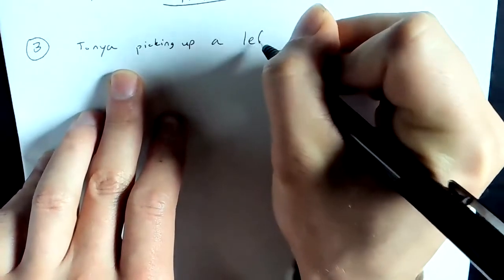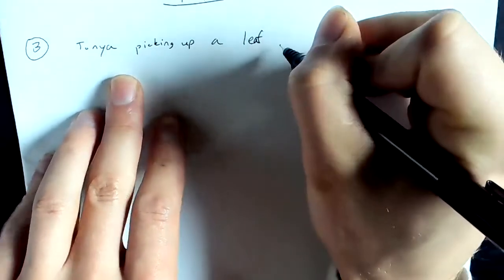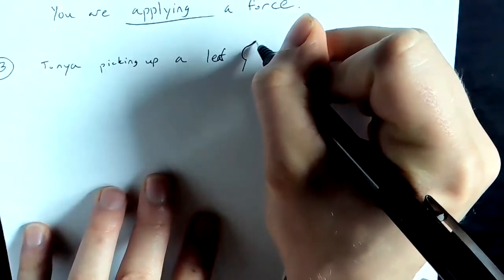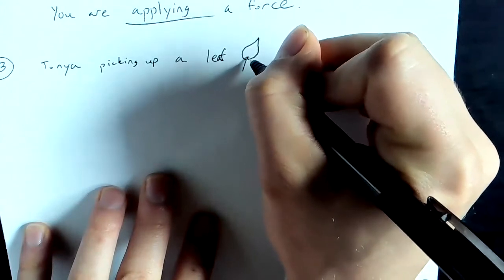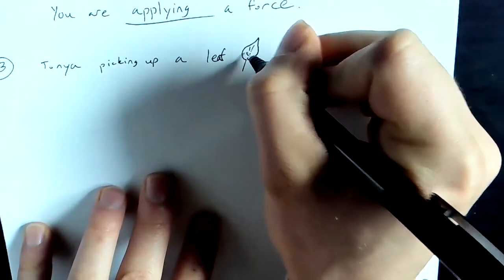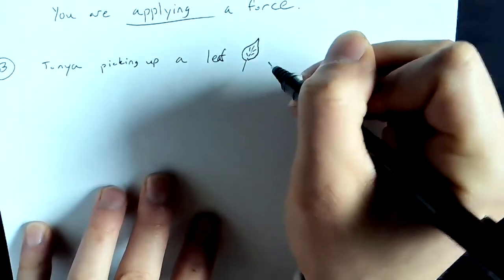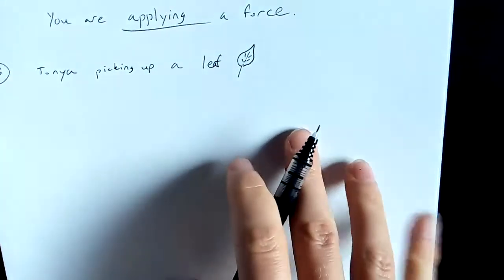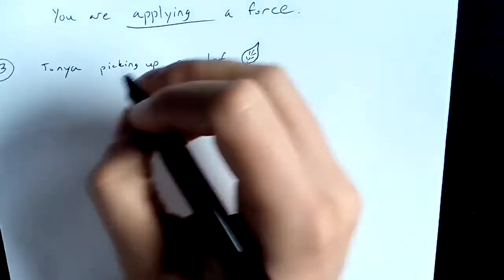Now, the next situation is Tanya. She's picking up a leaf from the ground, and then she holds it at arm's length.